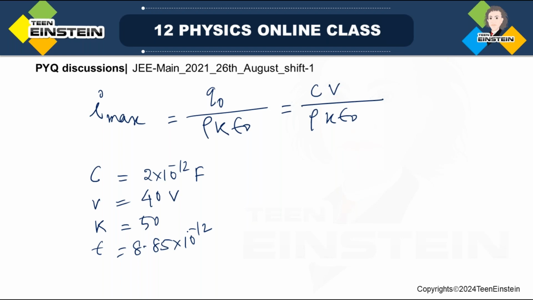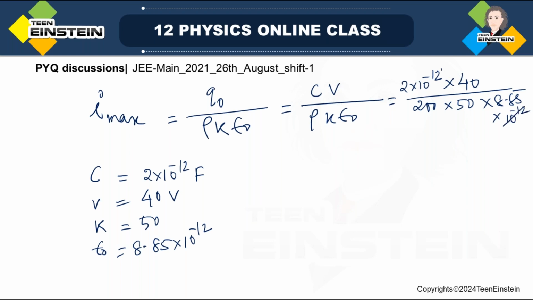So if we put these values, C is 2 into 10 to the power minus 12, V is 40, divided by rho. Rho was given 200 ohm meter. K is given 50. Epsilon naught 8.85 into 10 to the power minus 12. This minus 12 will cancel each other.